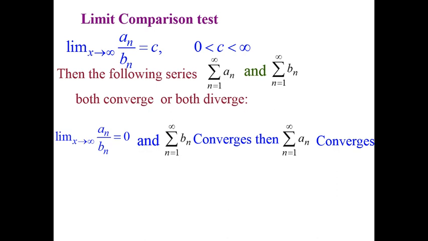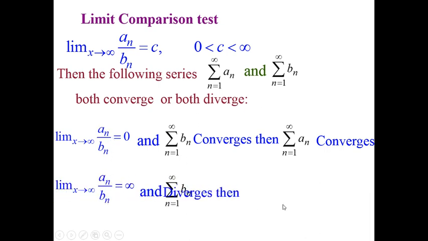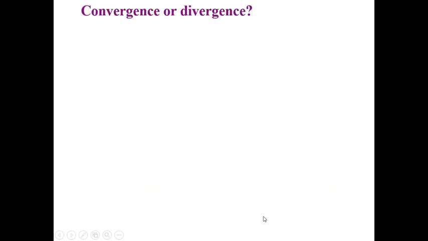For the comparison test, you have to be very careful with the way you compare the series. It depends on which B sub n you choose, and it should be quite similar to A sub n. If that limit equals 0, they always consider it converges. If it's infinity, the limit cannot be found, it goes on forever, so that would be considered divergent. Again, convergence or divergence is all about the comparisons.